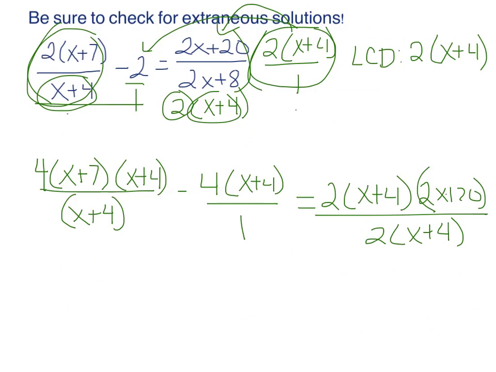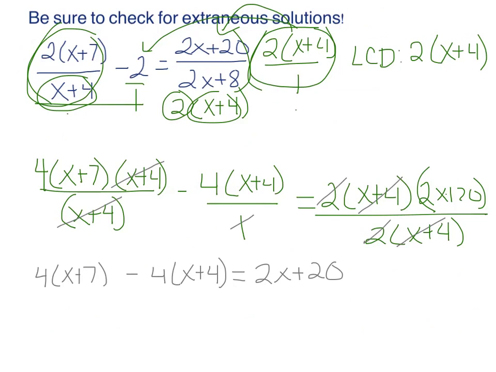Alright, now we can cancel things out. So these will go, that's over 1, and then these will go, and I have 4 times x plus 7 minus 4 times x plus 4 equals 2x plus 20.